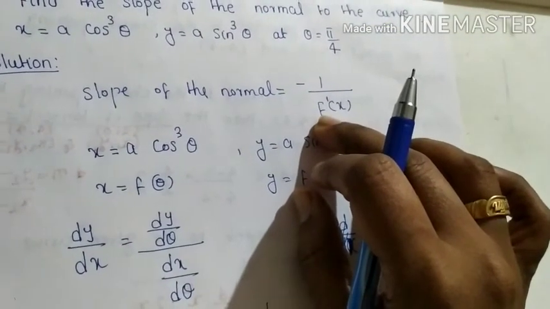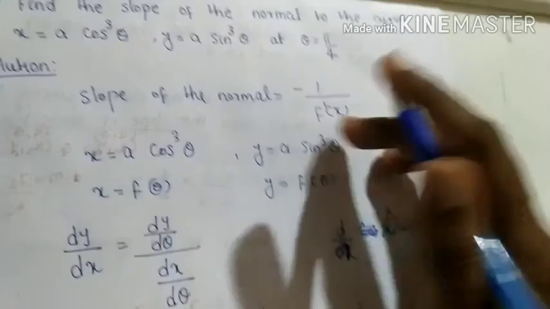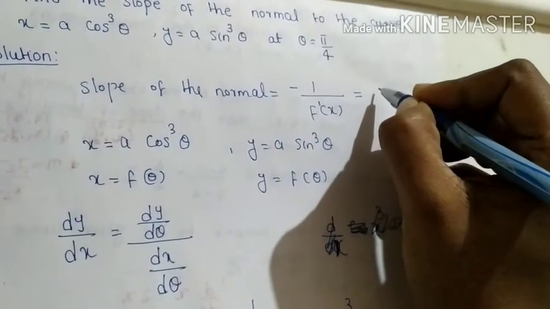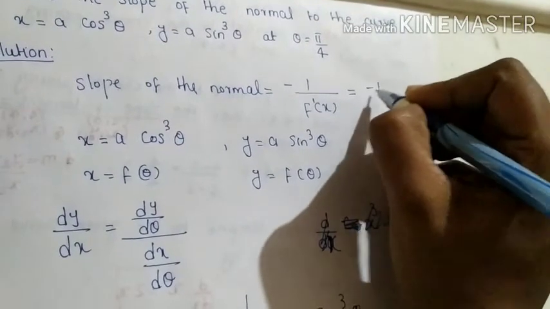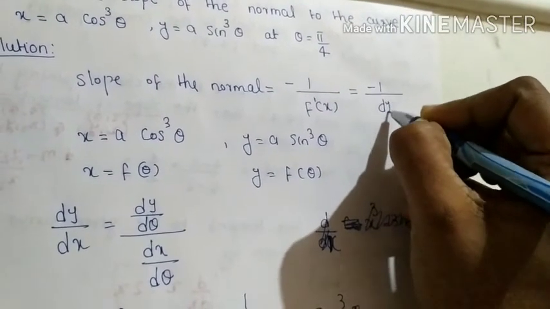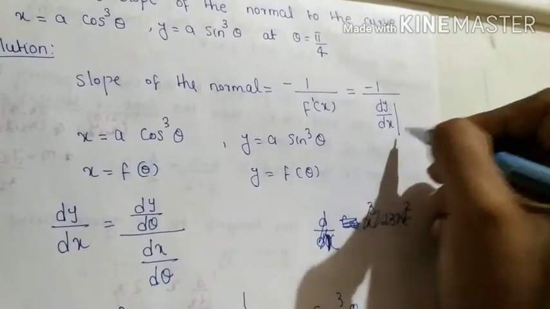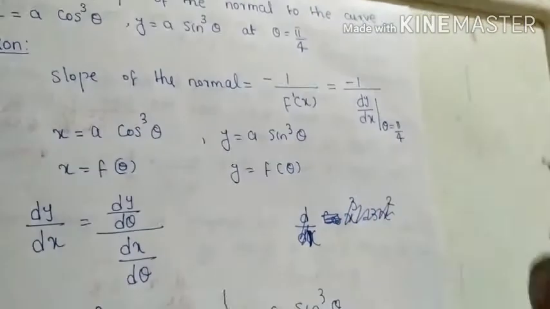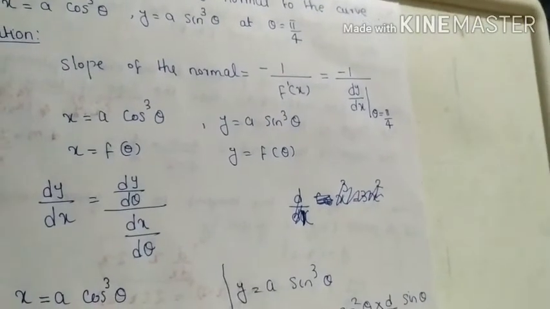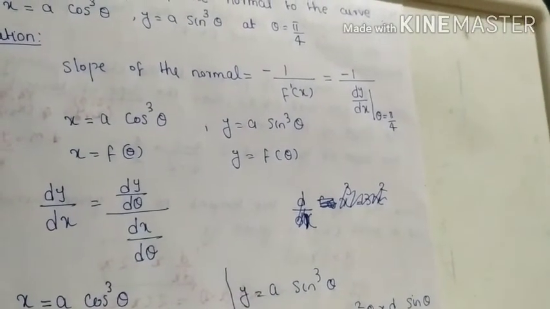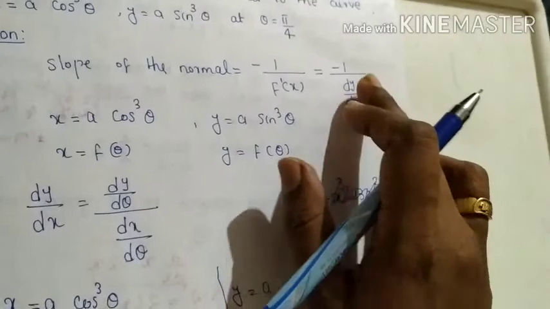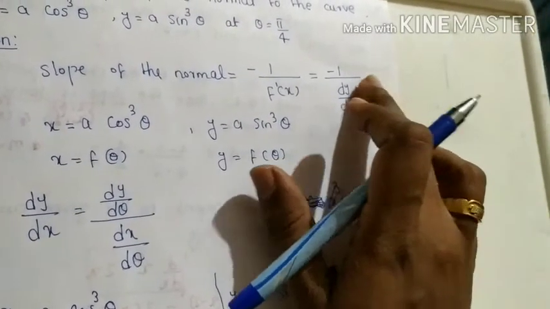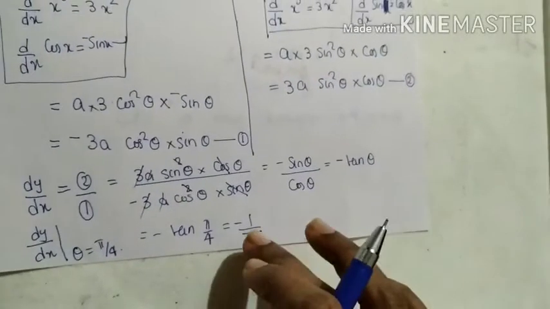Or f dash of x. Here in parametric form, the slope of the normal is equal to minus 1 divided by dy by dx at theta equal to pi by 4. Okay, so slope of the normal, now we get, substituting the value of dy by dx at theta equal to pi by 4 here, this answer is minus 1, right?